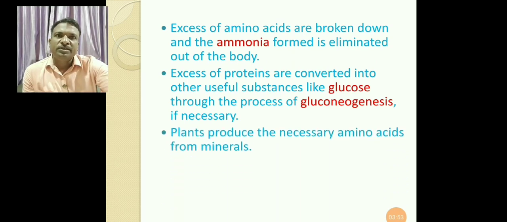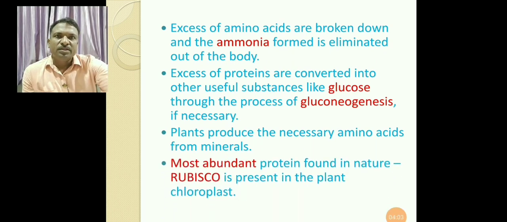Plants do not consume proteins. They produce different types of amino acids by themselves from different minerals. The most abundant protein found in nature, rubisco, is present in the chloroplast of plants.